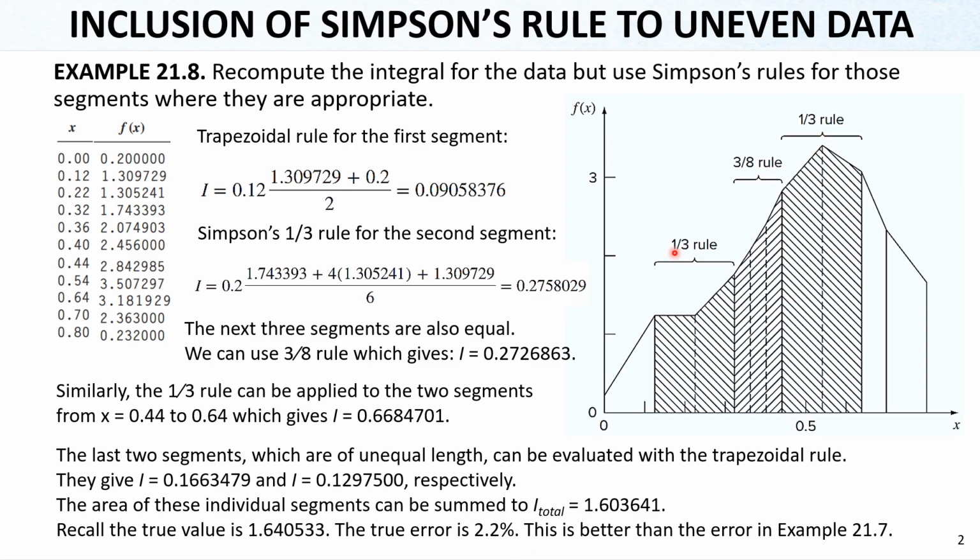So actually the effect of these depends on the function type and the order, it can change from one function to another function. So actually this is always better, but the effect can be lower or higher. Here it's a low effect compared to the single only trapezoidal rule application at each segment. You can check that from example 21.7, and this is example 21.8.